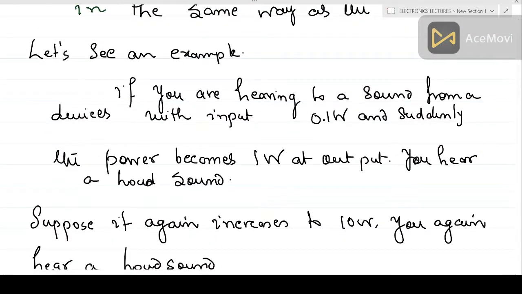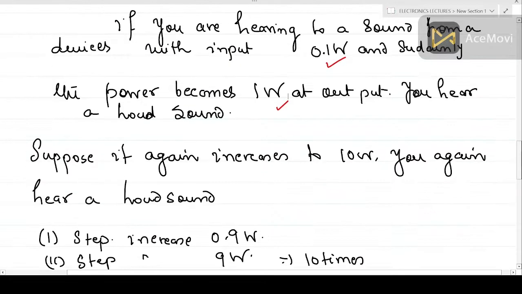Suppose you are listening to music from a speaker or any device, and the input power is 0.1 watt, and suddenly the power becomes 1 watt, meaning a 10 times increase. You cannot detect that it is a 10 times increase, or 0.1 plus 0.9 making 1 watt. What you will detect is a louder sound.